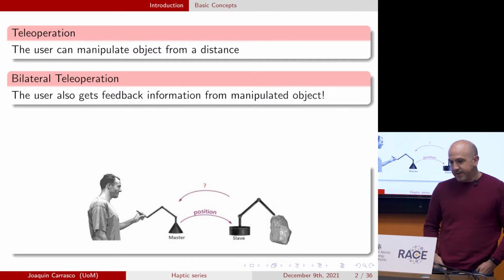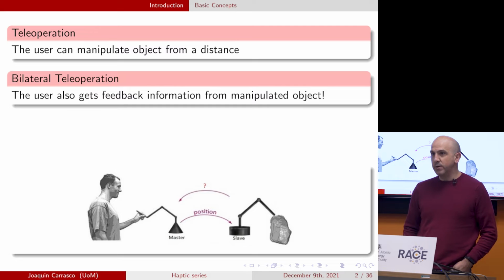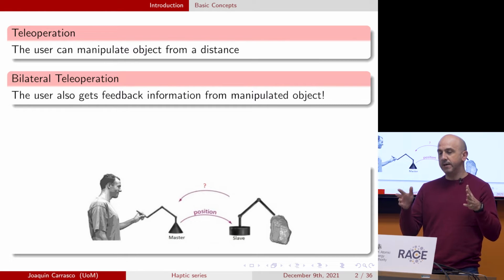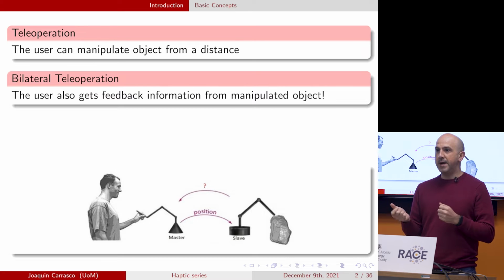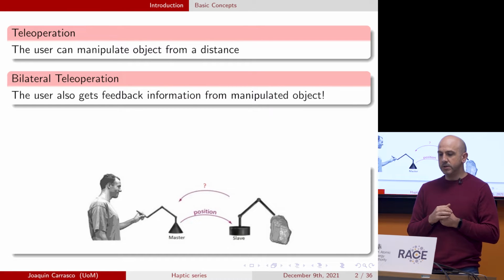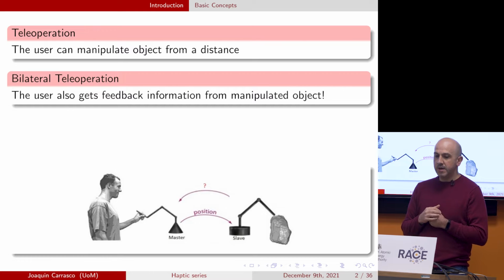So the problem that we are going to set up is that we have a distance between the user and the robot, and we want to overcome this distance by providing some kind of feedback to the user.